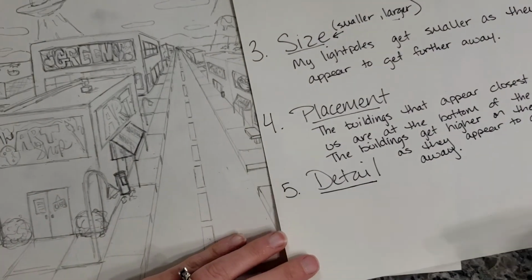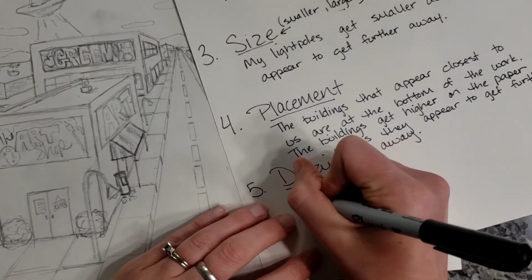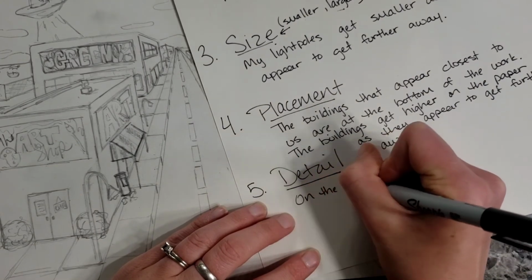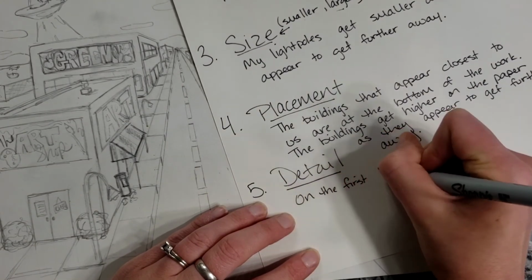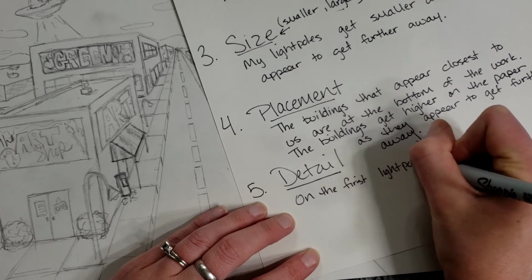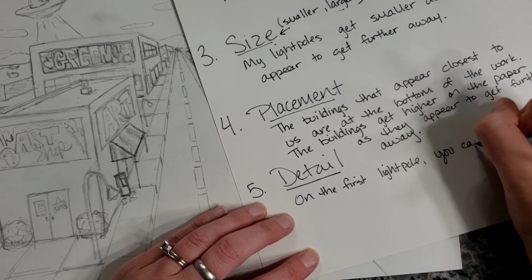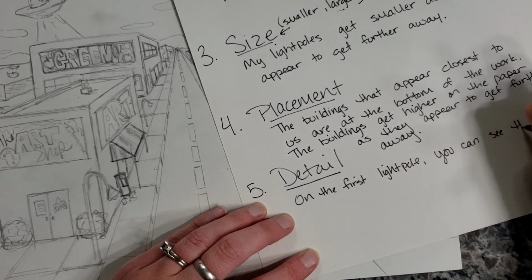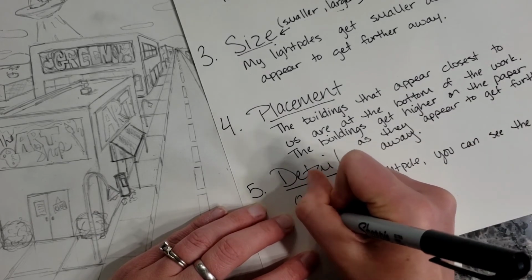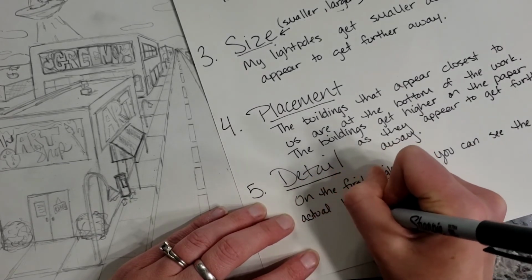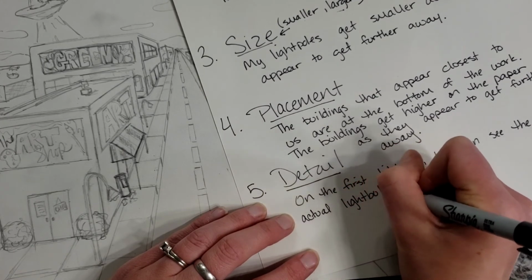So let's see. On the first light pole, comma, you can see the actual light bulb.